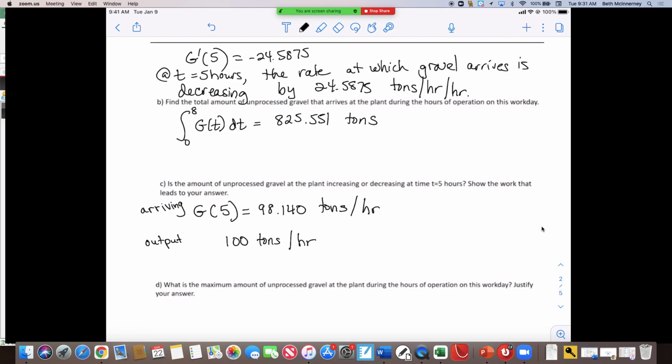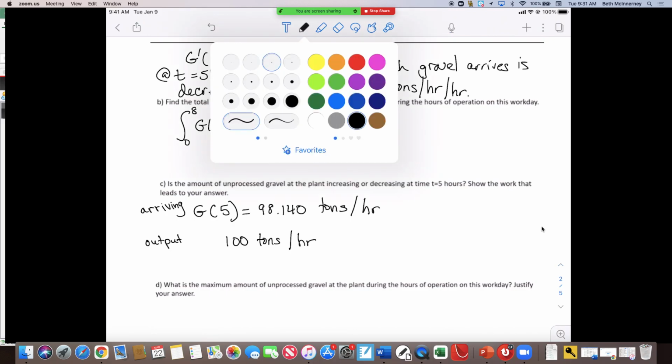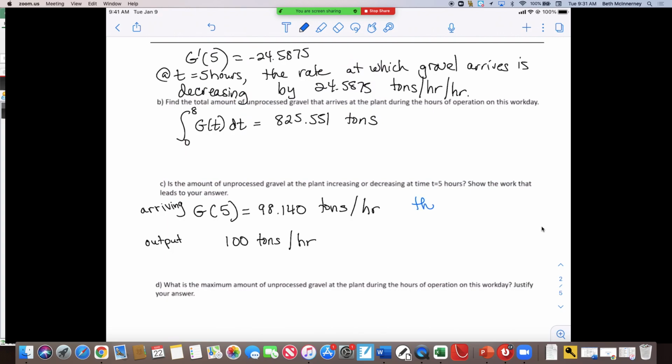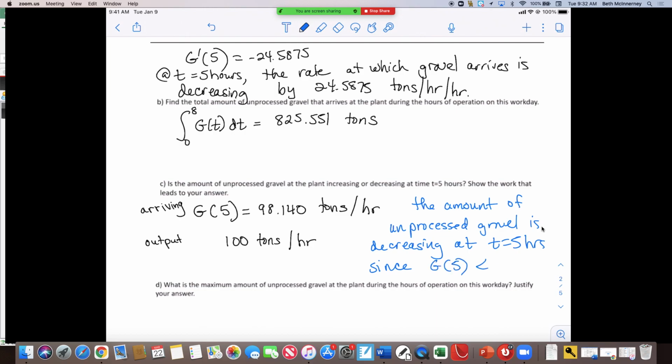So then, is the amount of unprocessed gravel increasing or decreasing? All right, so the amount of unprocessed gravel is decreasing at t equals 5 hours since G of 5 is less than 100.